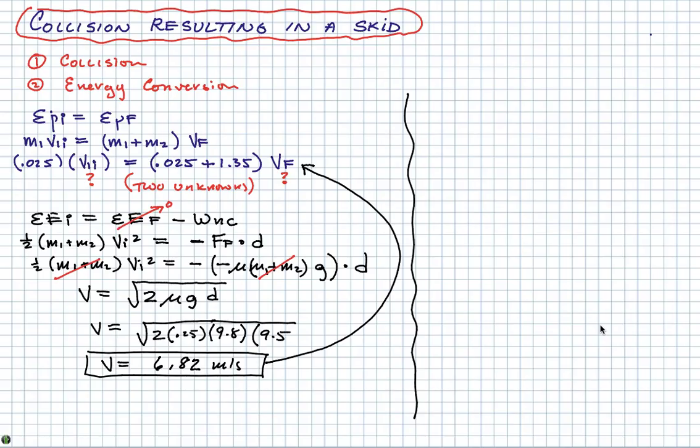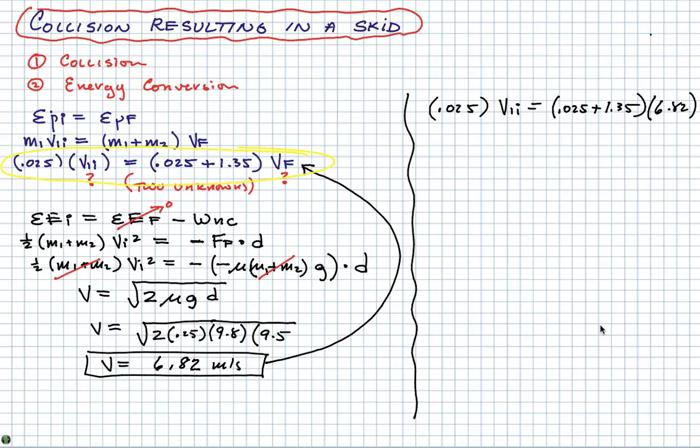Now I'm going to rewrite that over here on the side. So 0.025 times the initial velocity of the arrow is equal to the mass of the system, the arrow plus the block, times the velocity of the system, which we just calculated.